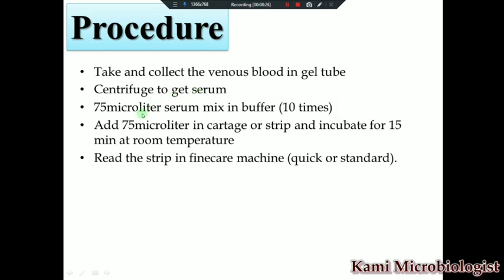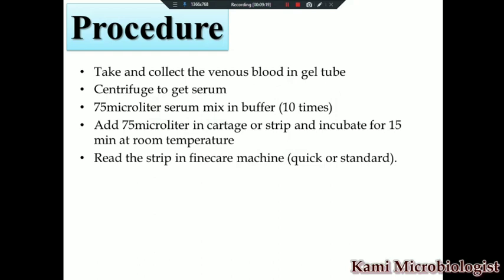After that, we will take 75 microliter serum and mix it into the buffer, mixing it 10 times. Then we will put 75 microliter of the mixture into the wells of the strip, and incubate it at room temperature for 15 minutes.